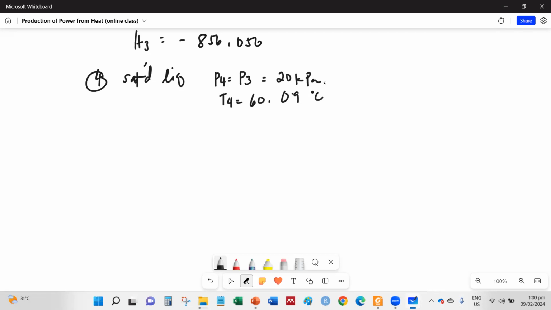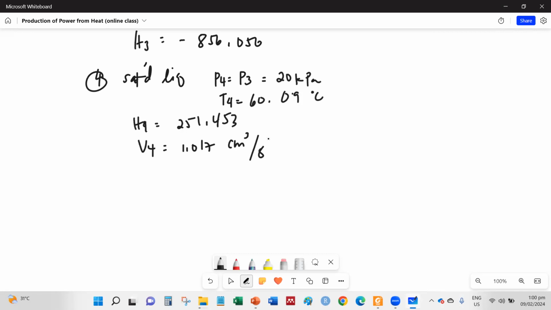And we can read the properties of saturated liquid at this point. H4 is 251.453 kilojoules per kilogram. And we also need V4, which is 1.017 cm cubed per gram.